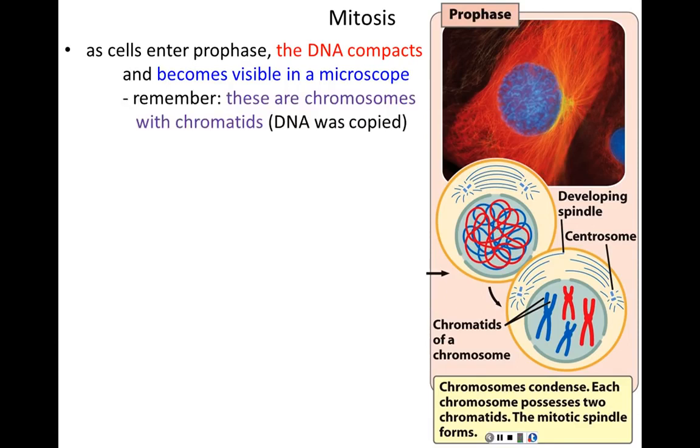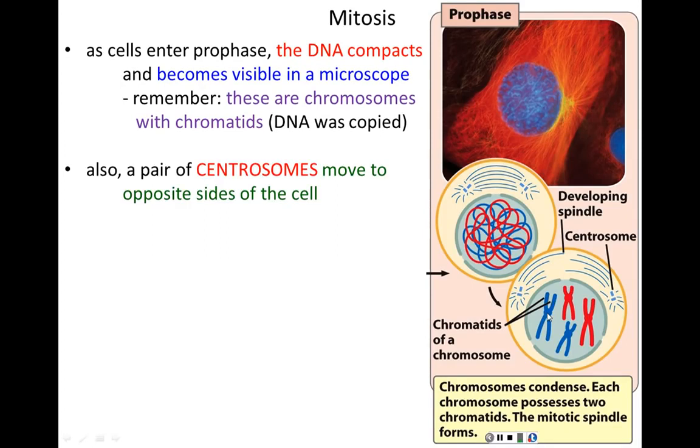Remember, when we say these chromosomes, we mean identical sister chromatids held together by cohesin. So we are looking at these 2 sister chromatids held together as single chromosomes. Also, a pair of centrosomes move to opposite sides of the cell. We're talking about chromosomes, we're talking about centrosomes. Try your best to keep the terminology straight. I know there'll be a challenge there, but do the best you can.